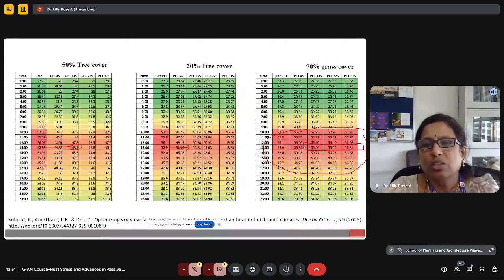study also. So grass cover actually increases the PET value, and it also increases the MRT value. So it is always better to go in for trees, a combination of tree and shrub. Grass cover beneath the shade may work better, but exposed to sky may not work better.